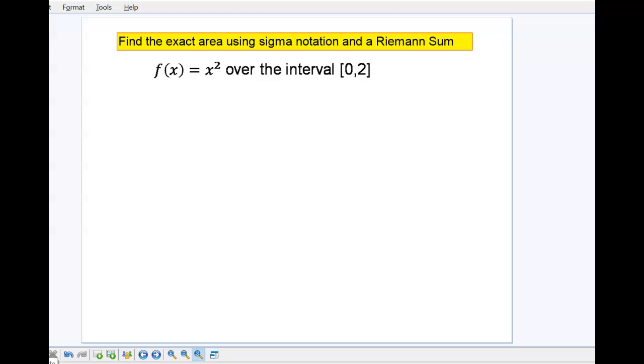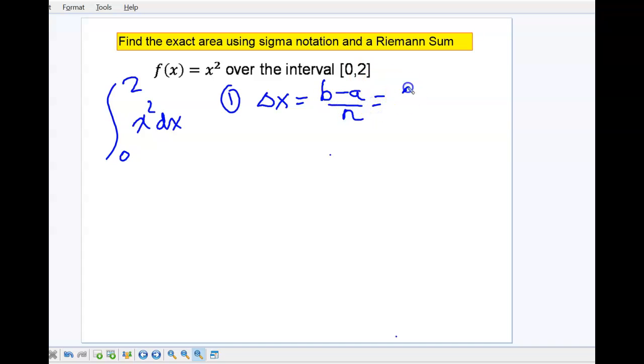We want to write this integral in sigma notation. So this really means the integral from 0 to 2 of x squared dx. Okay, so in step number 1, I want to find delta x, and delta x is equal to b minus a over n.